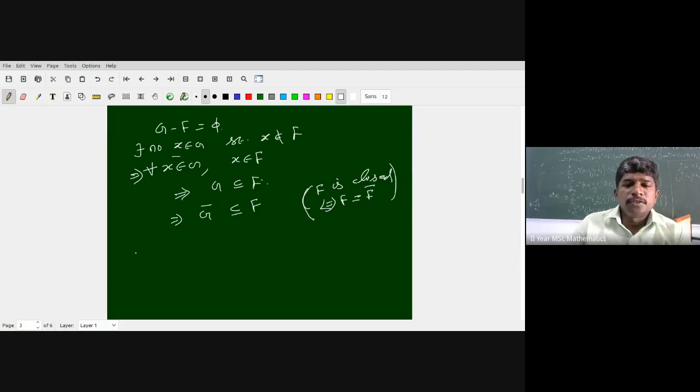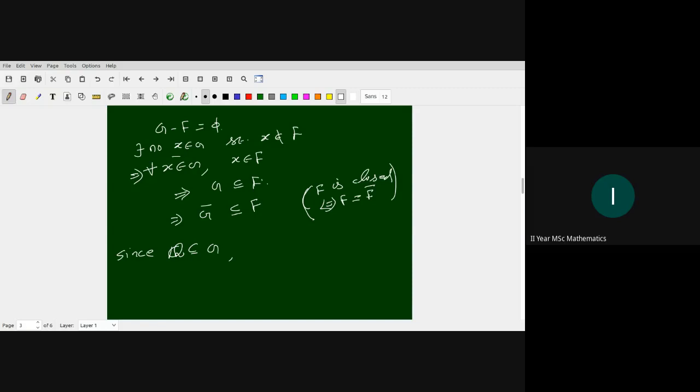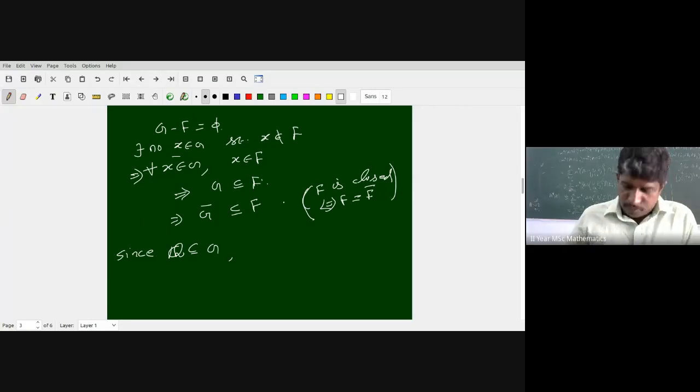Okay, G bar is the closure, since G is a set containing all the Q. Q is contained in G. What about Q bar?